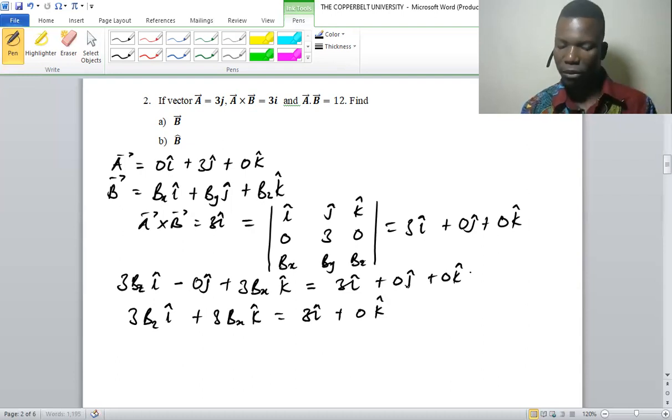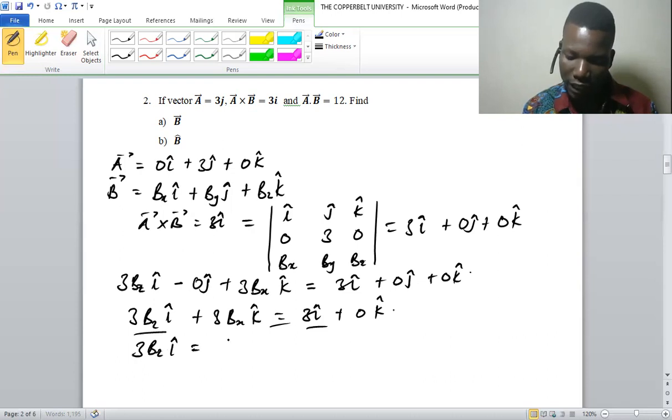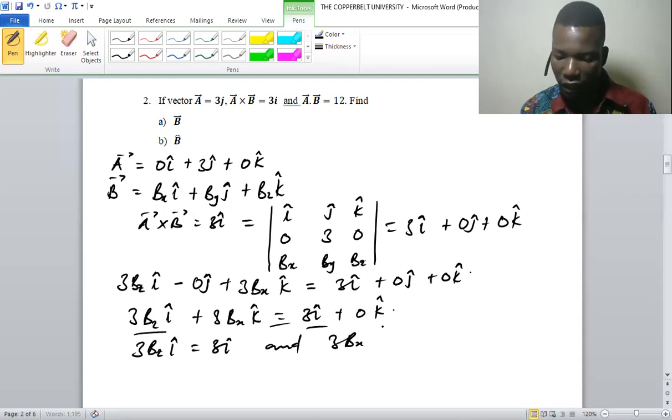I've removed 0j because we don't have a component. Remember, we have an equal sign here, so we can equate the i's and the i's and the k's and the k's. So we have 3bz i being equal to 3i, and we also have 3bx k equal to 0k.